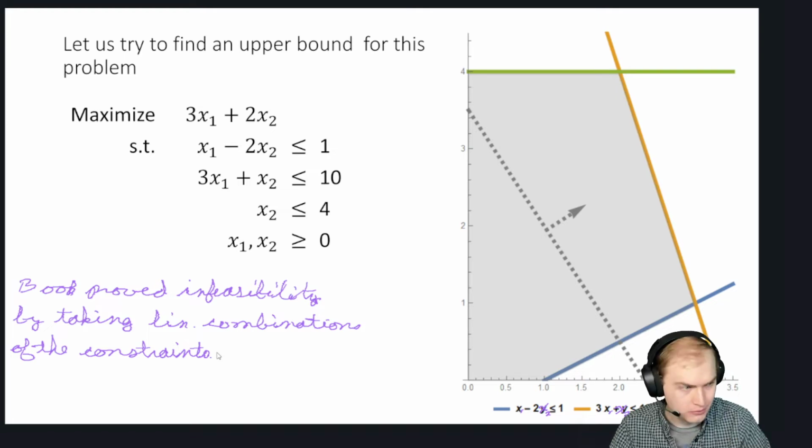We can see the feasible region right there. So we're not going to do exactly that, but the process is sort of similar to when the book did that. I don't remember exactly where that happened in the book.